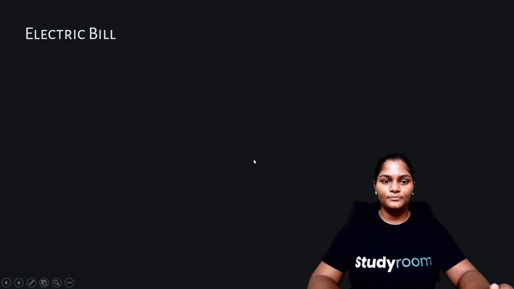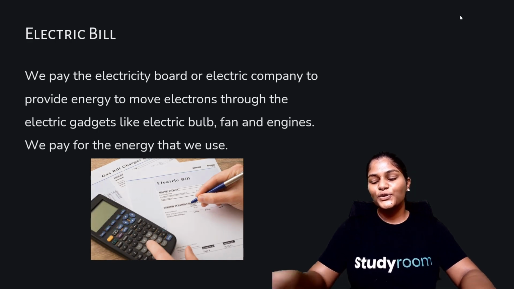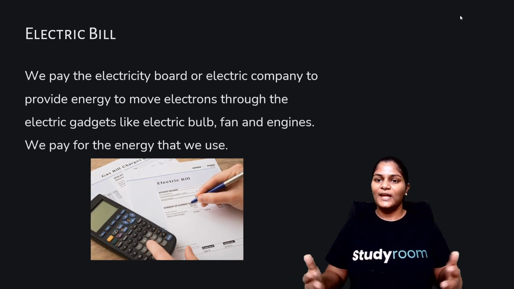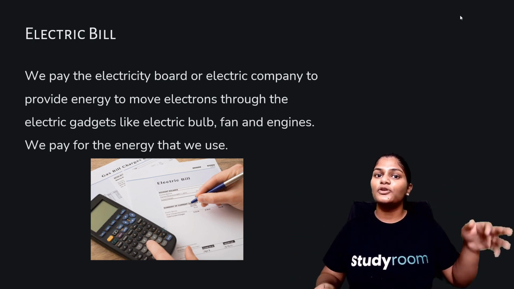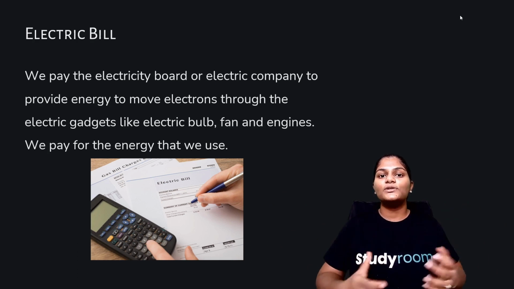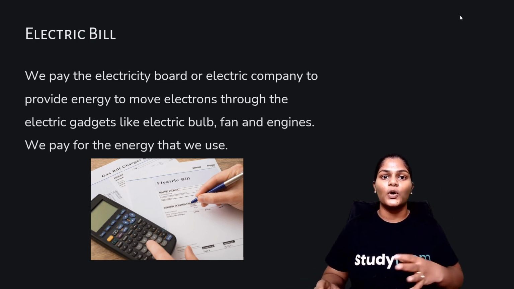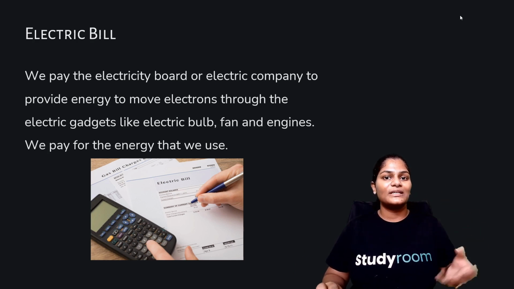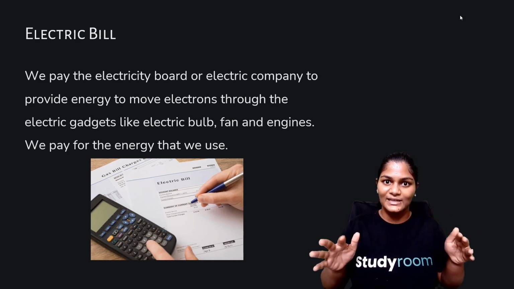Okay. Now, about the electric bill. Sometime you must have heard one of your parents say that switch off the fan when you leave the room, or switch off the light, or switch off the AC. Although that is also for environmental purposes, to save our environment, it is also because if you leave your fans and lights and ACs on for a long time, your electrical bill will come out to be very large, right?